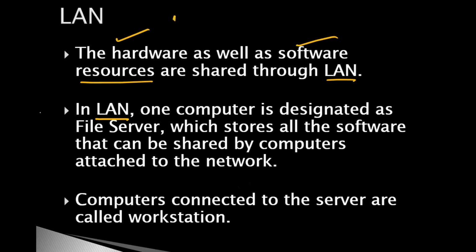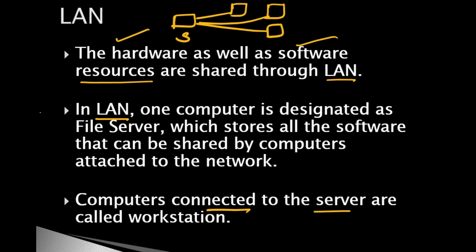So here one computer is acting as a server, and it stores all the software that can be shared by other computers. All the other computers on the network are connected with this computer. That's your server.